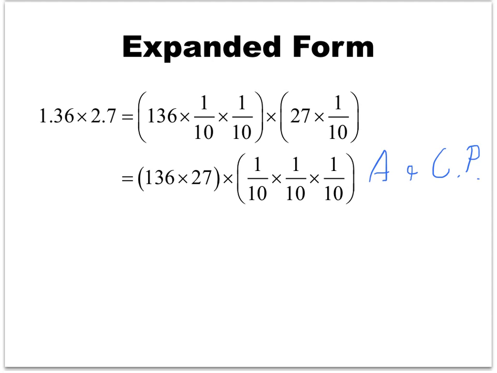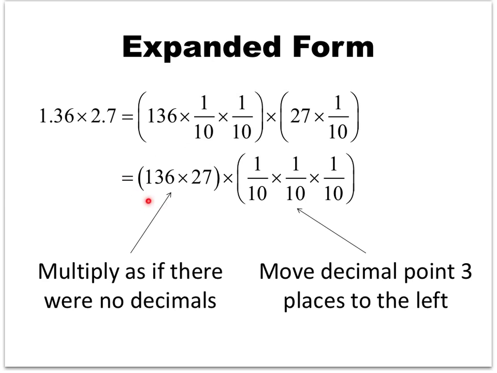So now let's take a step back and look at what these different terms here are telling us. So the first term, notice that we've got like our original numbers but without the decimal points. So this term says to multiply as if there were no decimals. Now the second part is we're multiplied by 1/10 3 times.